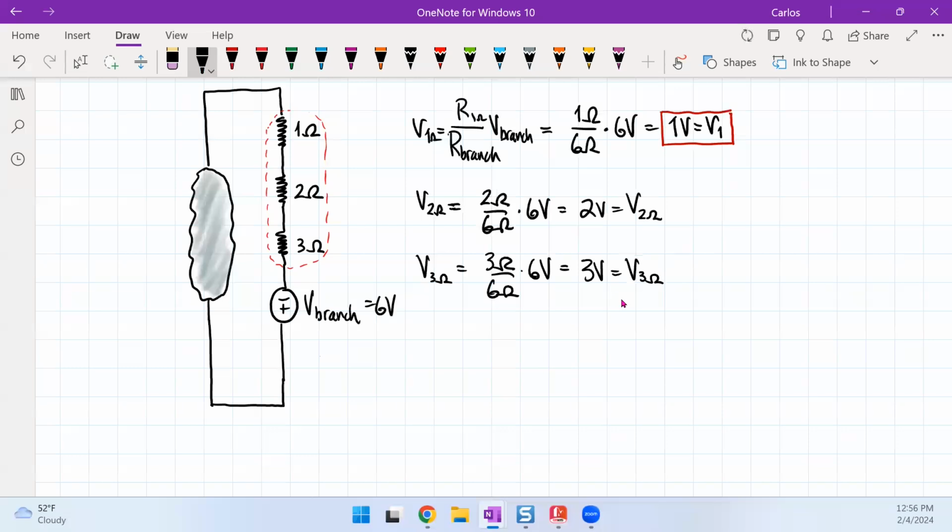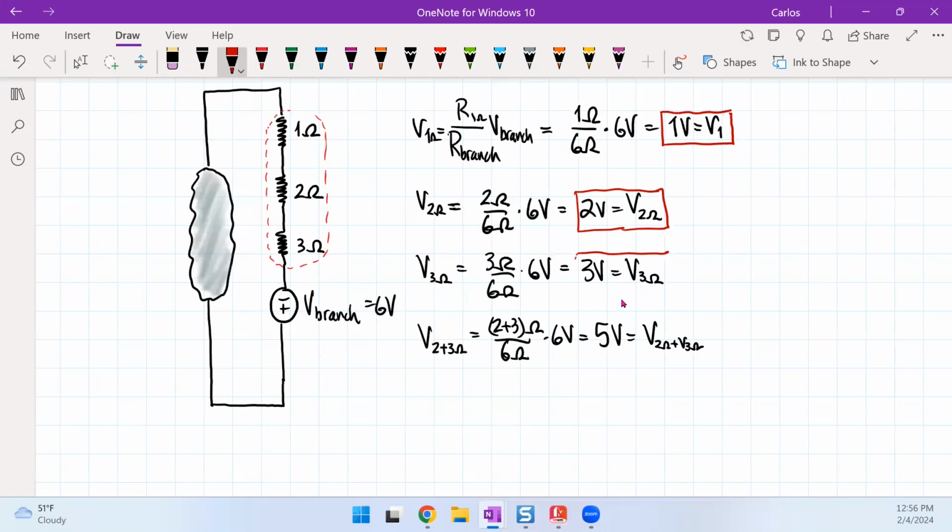What if I wanted the voltage across the 2 plus the 3 ohm resistor? Then that's going to be 6 ohm divided into 2 plus 3 ohms times 6 volts, and this would therefore be 5 volts for the voltage across the 2 ohm plus the voltage across the 3 ohm. So VDR allows you to calculate voltages without any current. And that's why it's so powerful.